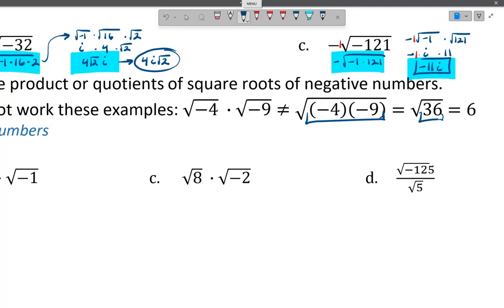The square root of -4 in I notation would be what? What is the square root of 4? 2i, right? So I have 2i. And then what is the square root of -9 in I notation? 3i. So I have 2 times i times 3 times i, which is 6i squared. And what does i squared equal? -1.